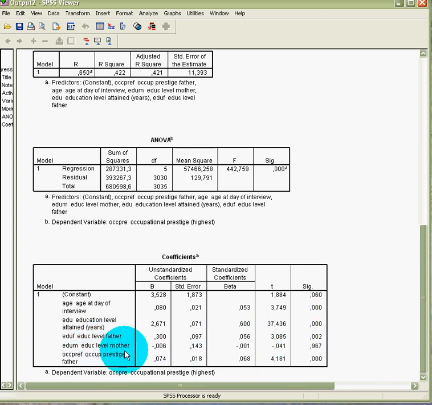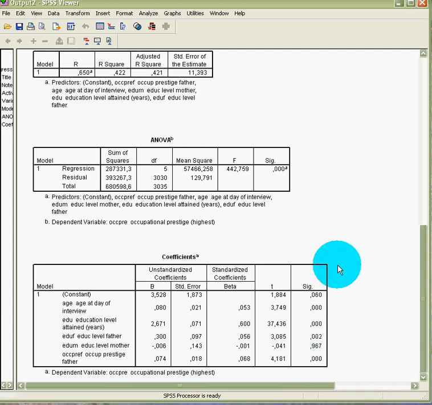The education of the mother doesn't predict that, not with 95% certainty. And the occupational prestige of the father doesn't predict, or does predict, I'm sorry. So if we look at all those individual coefficients, only the educational level of the mother is not a very good predictor for the occupational prestige of a certain person.